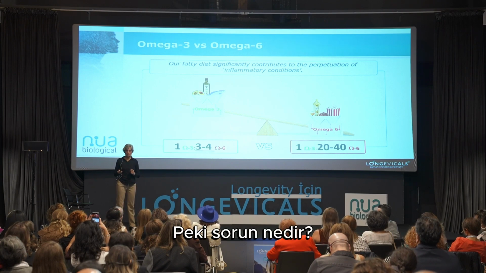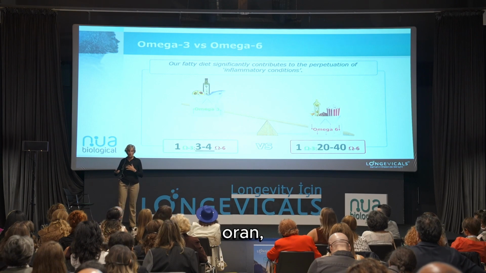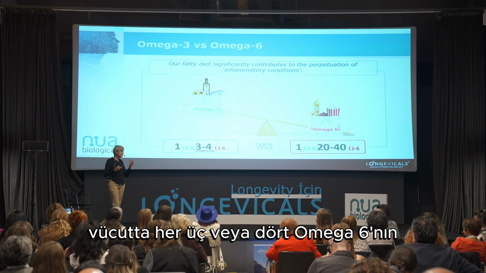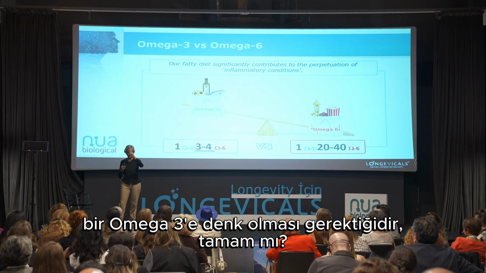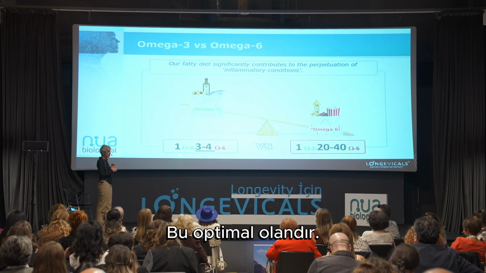And what's the problem? Well, in theory, the ratio of omega-6 to omega-3 in our membranes in the body should be every 3 or 4 of omega-6 per 1 of omega-3. Okay, that's the correct one. This should be right.